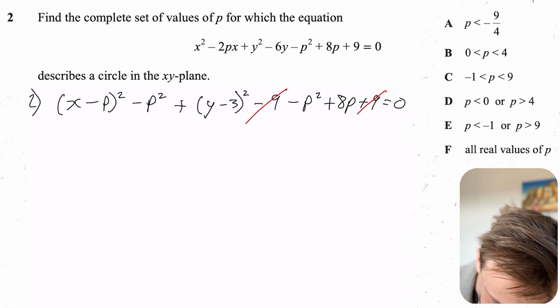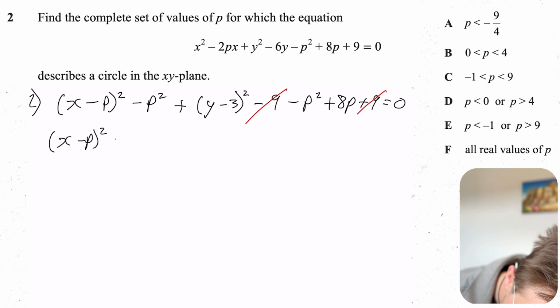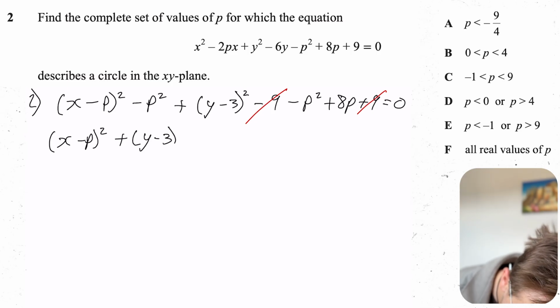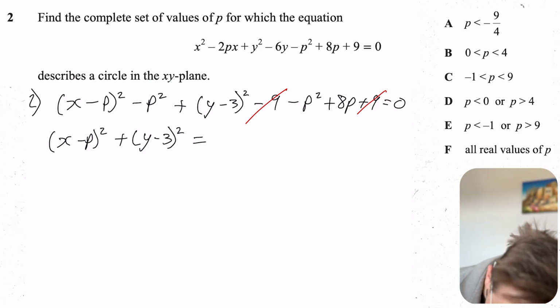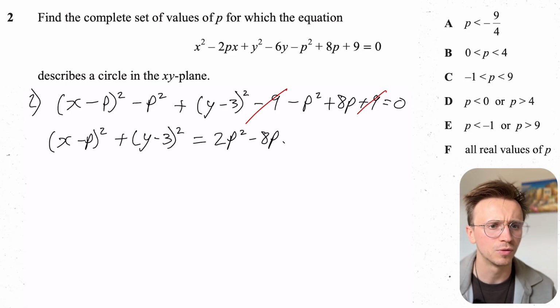That cancels with that, and that's all I'm left with. x minus p squared plus y minus 3 squared equals, taking those to the side, 2p squared minus 8p.